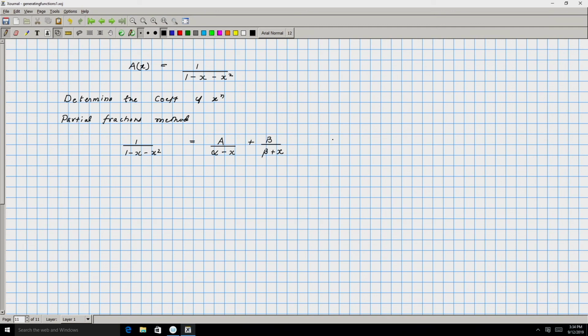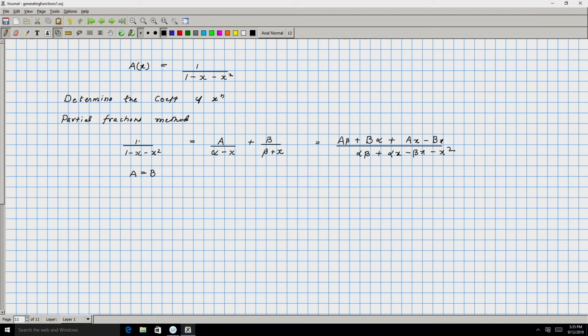If you multiply them out, what you get is (a beta plus b alpha plus (a minus b)x) divided by (alpha beta plus alpha x minus beta x minus x square). So comparing the terms, we will get a equal to b, because ax minus bx should be 0, because there is no coefficient for x in the numerator.